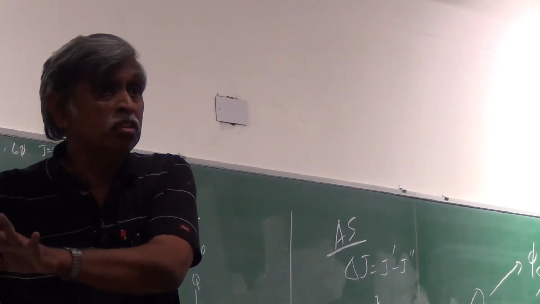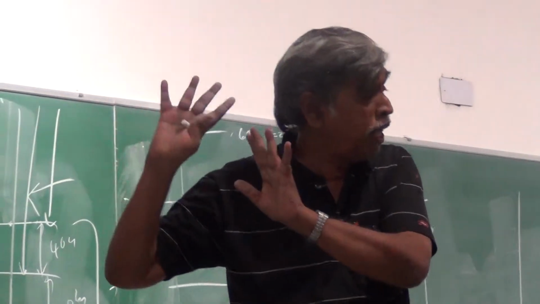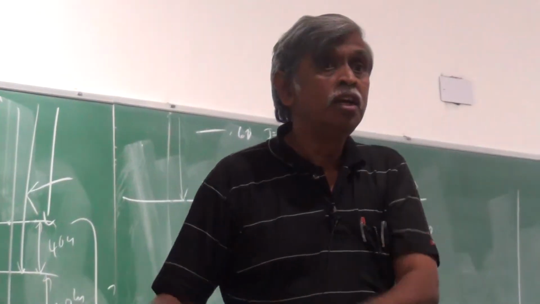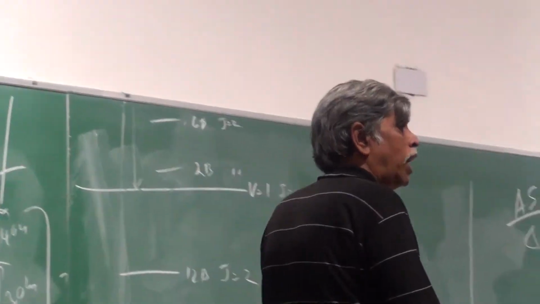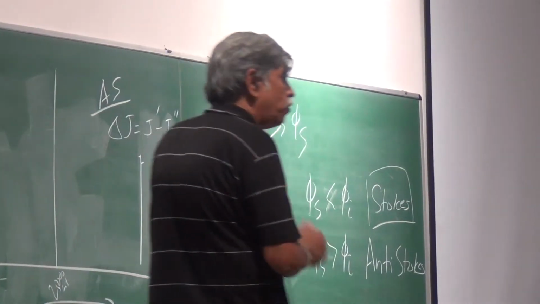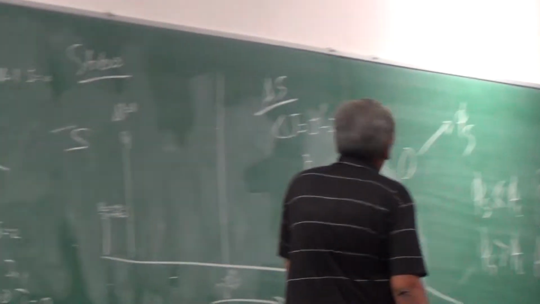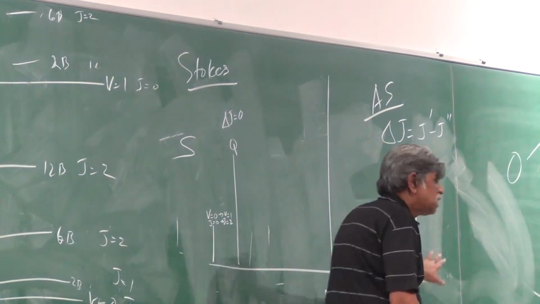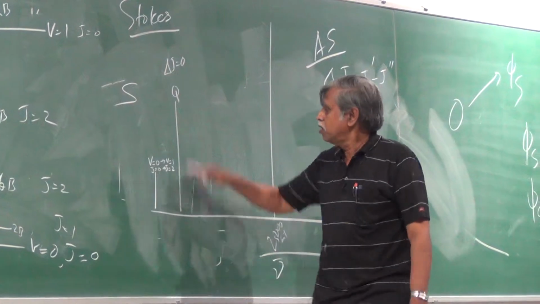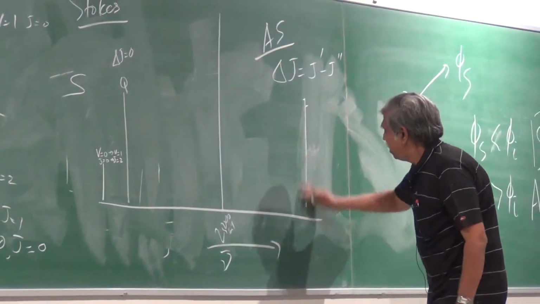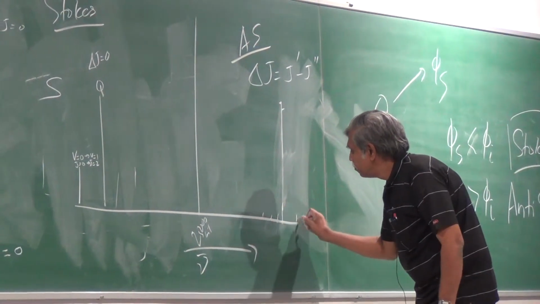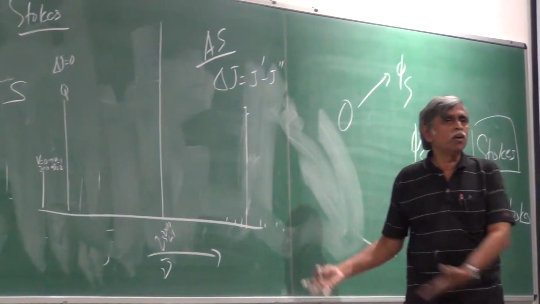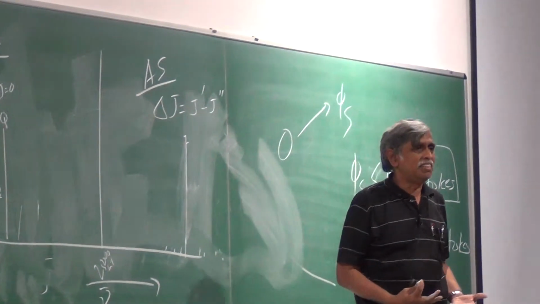Go to the Stokes region, to the lower energy region or longer wavelength region, and you have the O branch, you have the S branch, and you have the Q branch. Except that these spectra will look a lot more intense than these spectra. In fact, I have even drawn this. These were the cases. Here it might be nothing like this, because I don't have population in the excited state.